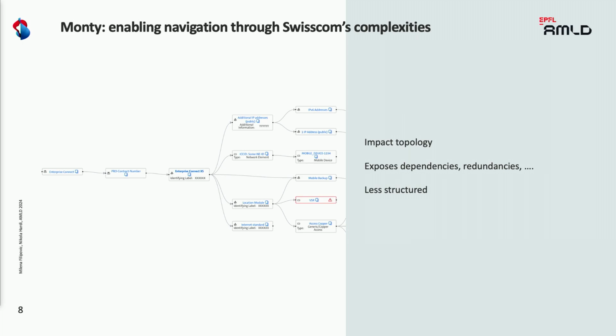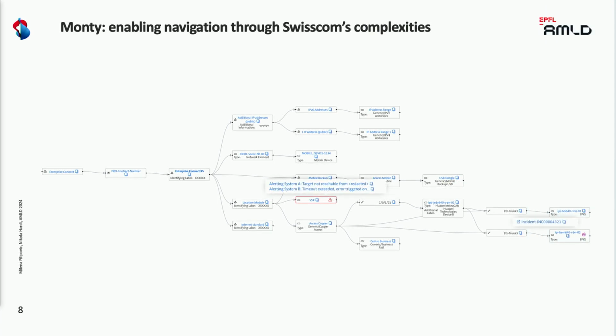It all is housed in different systems, and it is dynamic and changes over time. We call this the impact topology. Why topology? Because it's a network topology. And why impact? Because in it we show you the propagated impact of device alerts or impending configuration changes.